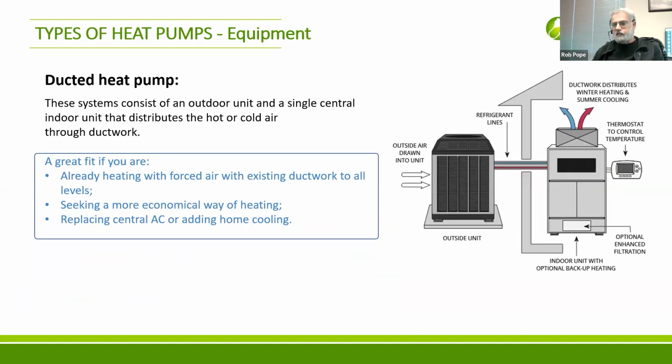Most common thing seen in BC, across North America, in fact, is the central ducted system. That's the most common type of heat pump installation, whether that indoor unit is a fan coil only, all electric, just using the heat pump for its total heating or cooling, or using the heat pump with some supplemental electric strip.